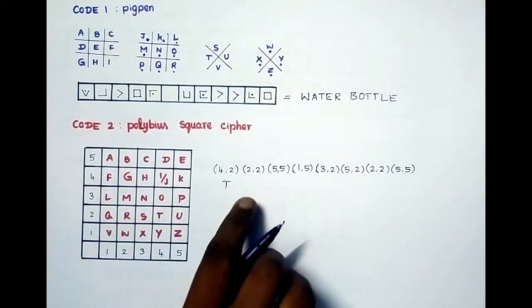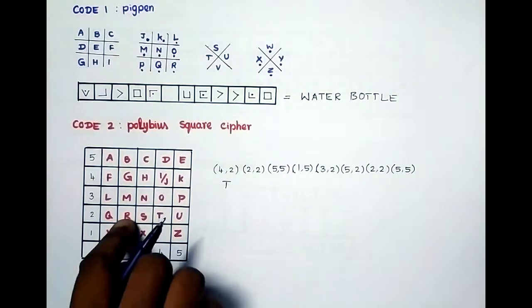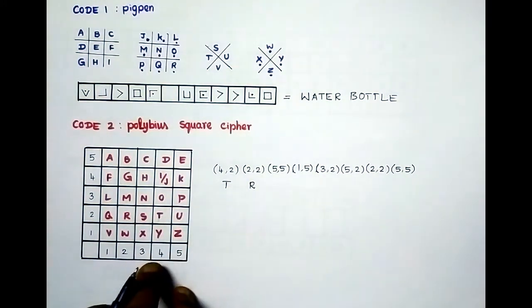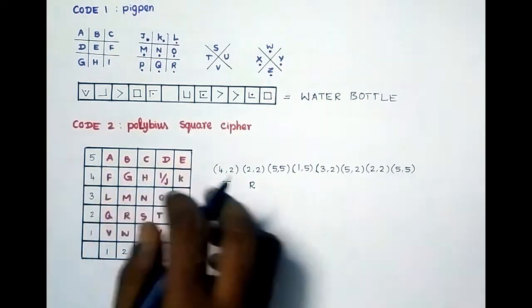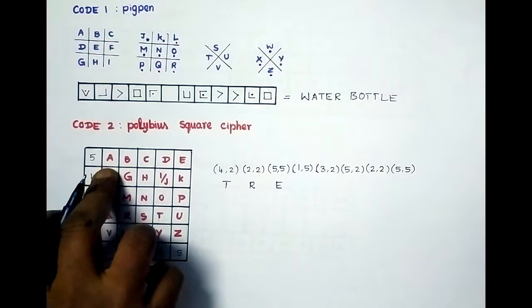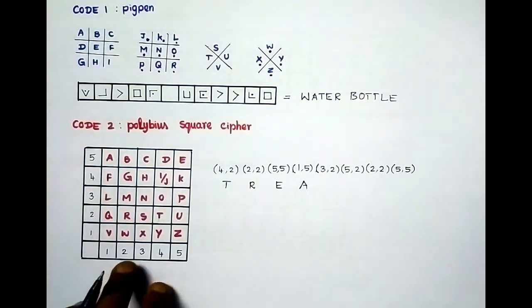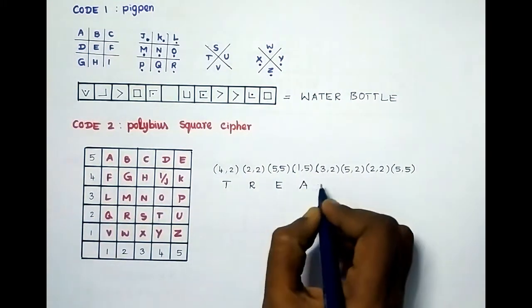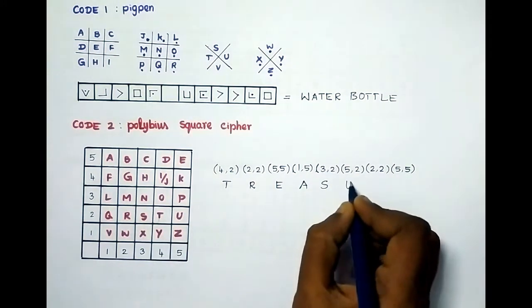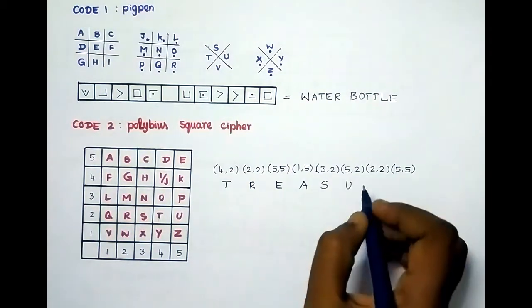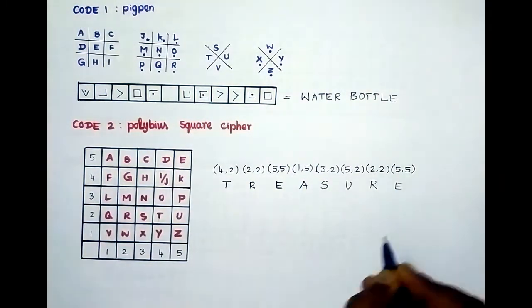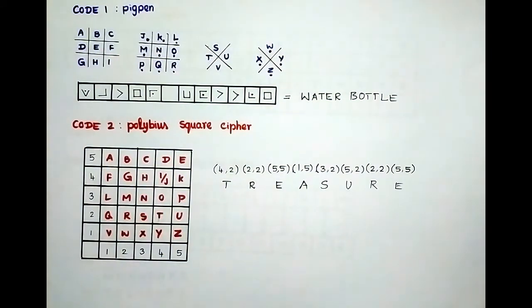Next, 2 comma 2 is r. 5 comma 5 is e. 1 comma 5 is a. 3 comma 2 is s. 5 comma 2 is u. 2 comma 2 is r. 5 comma 5 is e. This word is treasure.